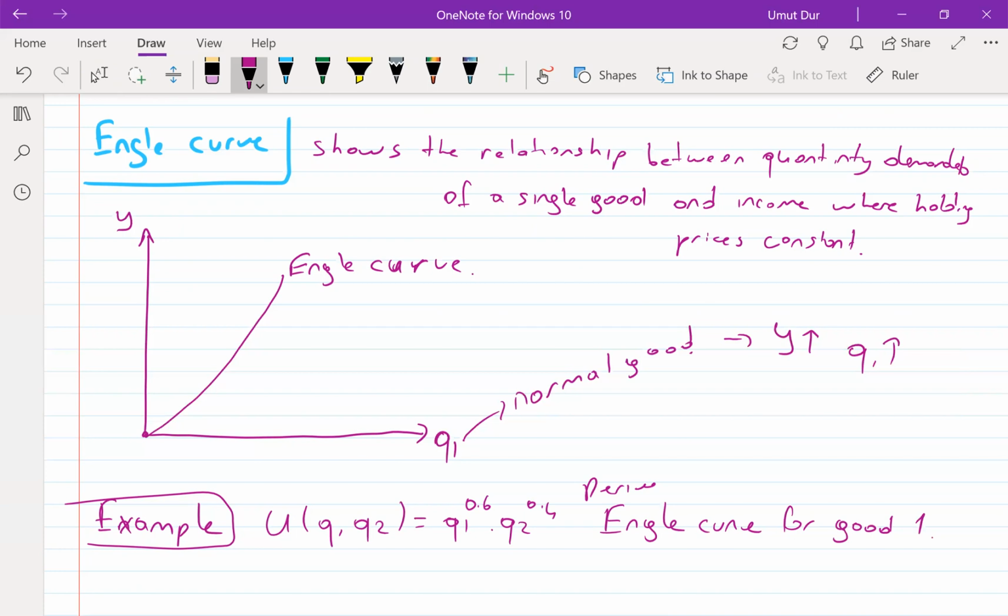So write down good one as a function of income. In fact, we have already done this when we were deriving the demand curve for good one. So let's try to do it again.